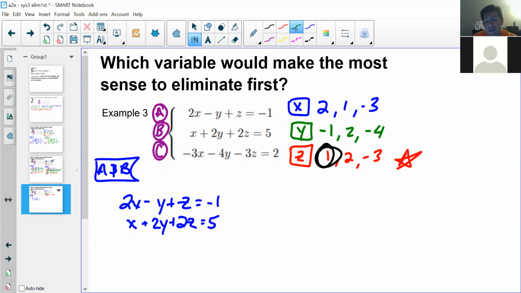Now, I've made a decision to eliminate the z's. You could pick whatever you want here. I'm just picking z in this particular case because it has that +1 for a coefficient. So in order to get rid of the z's here, I need to make sure I have a -2z right here. So I'm going to have to multiply this whole equation by -2.